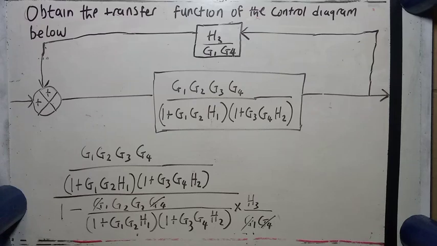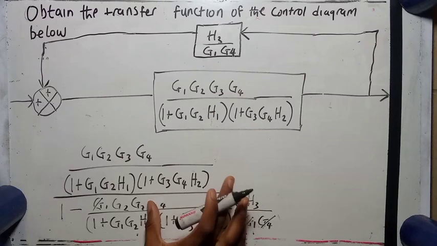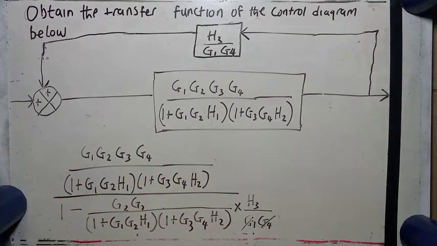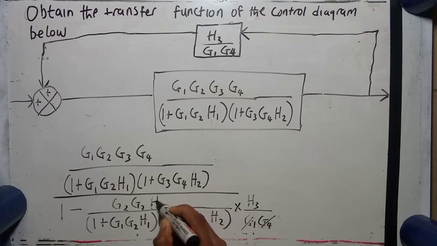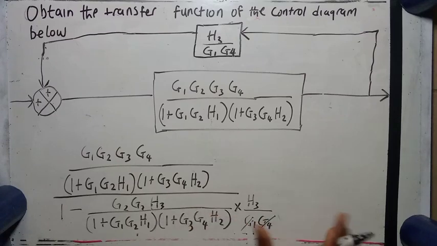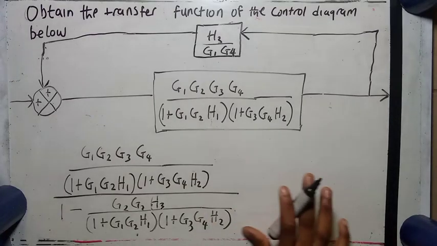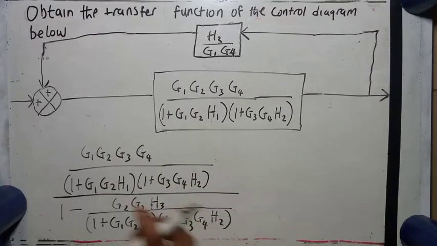Okay, so we can then rewrite the whole of this. If this is off and this is off, we can rewrite and include our H3 here, and the whole of this is off. We just multiplied, we didn't do any magic. This divided by this, we got G2, G3.